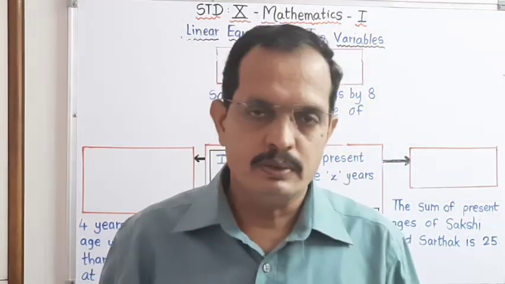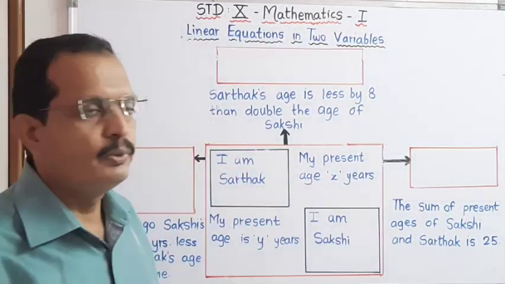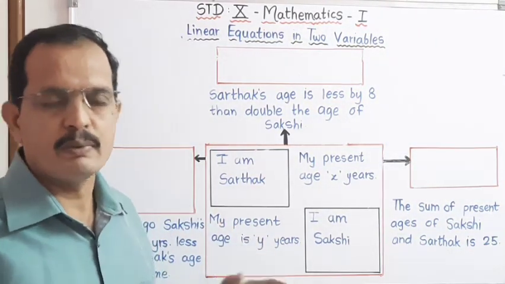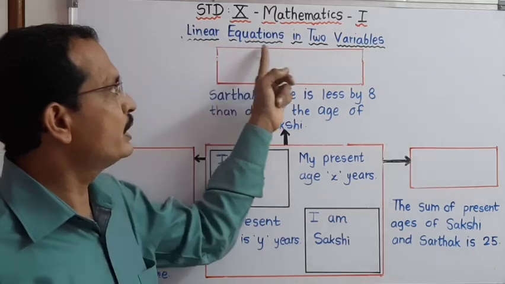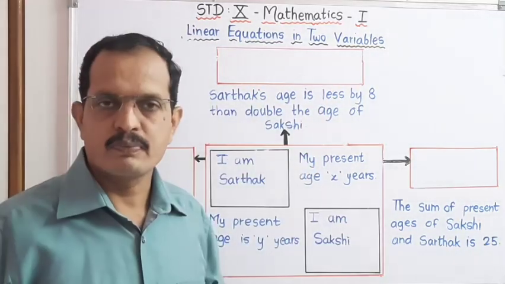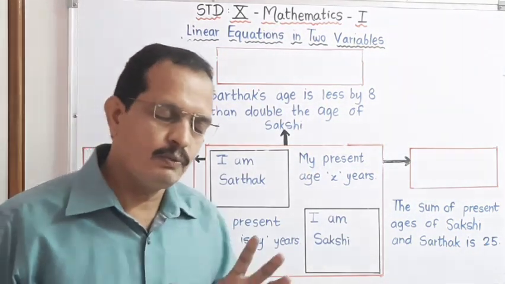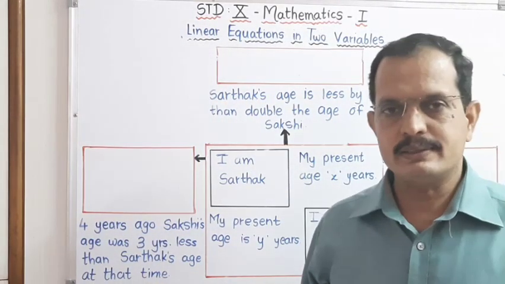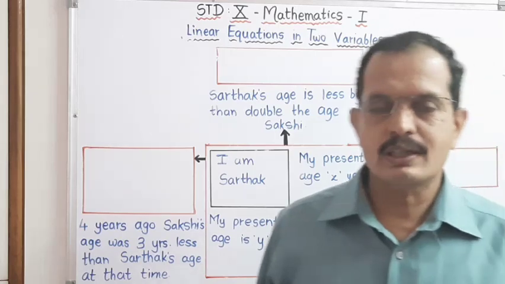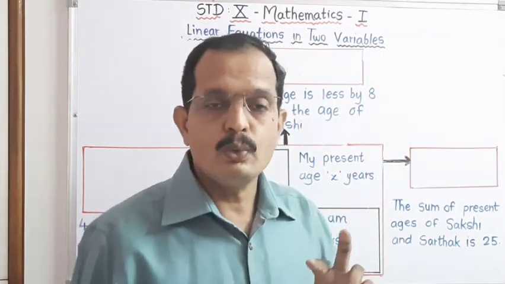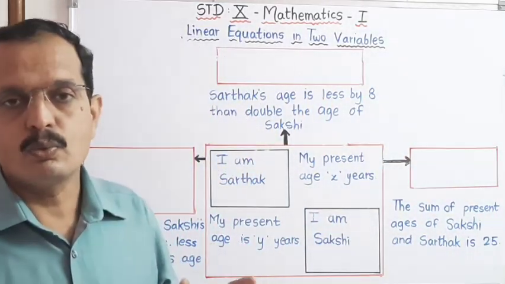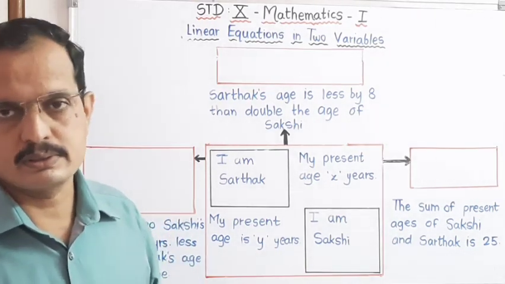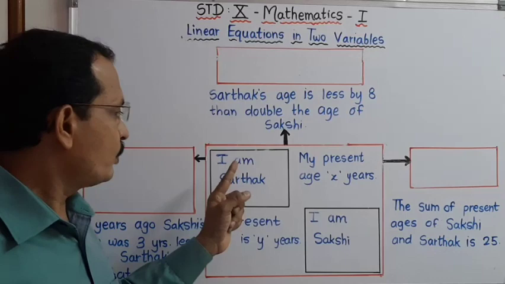Now, dear student, I have already explained that if we have to solve a statement problem based on linear equations in two variables, in the given information there are two quantities, and for those two quantities we have to use two different variables. Here, what is given?